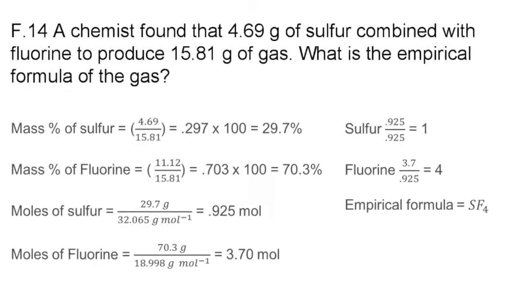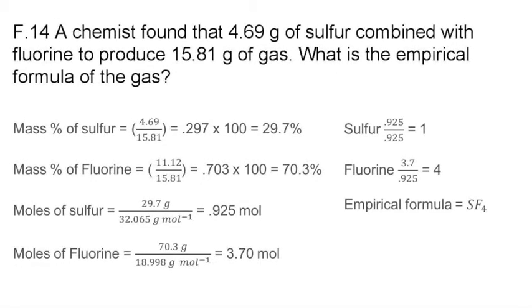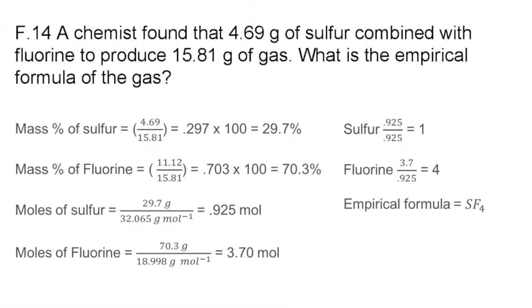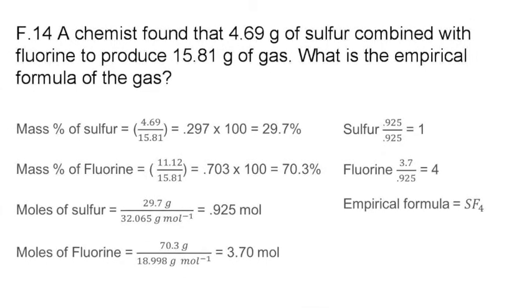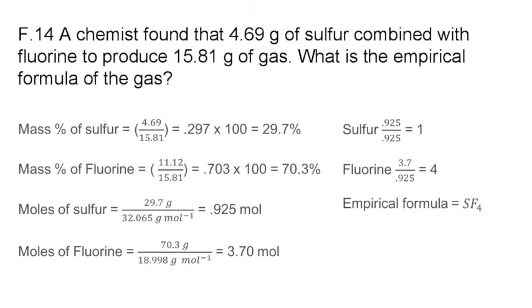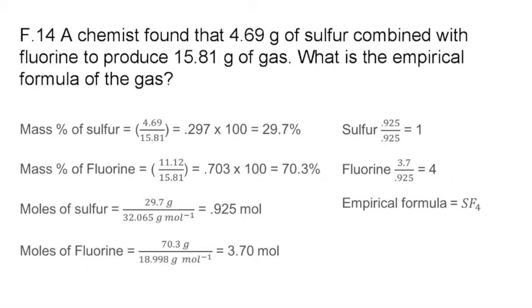So the moles of sulfur would be 29.7 divided by 32.065, which is its molar mass from the table, and we get 0.925 moles of sulfur. And then for fluorine, we do the same thing with 70.3 over 18.998, and we get 3.7 moles.